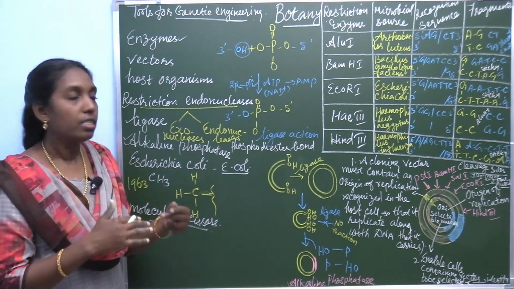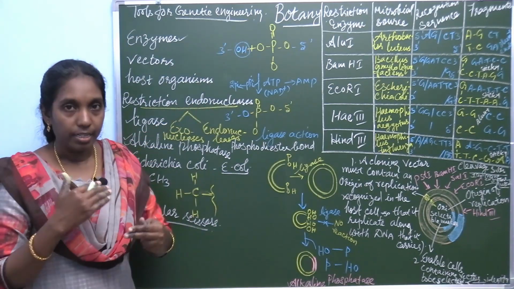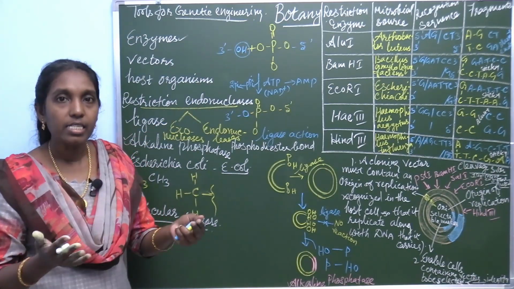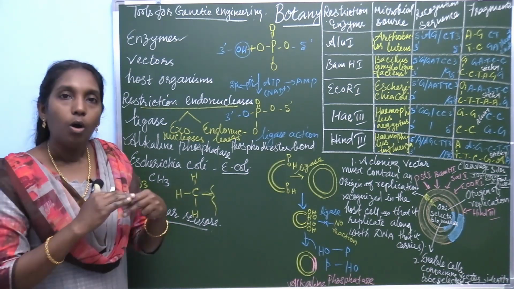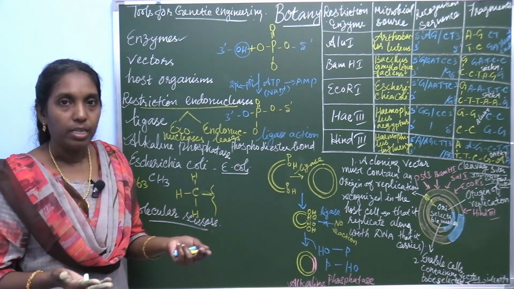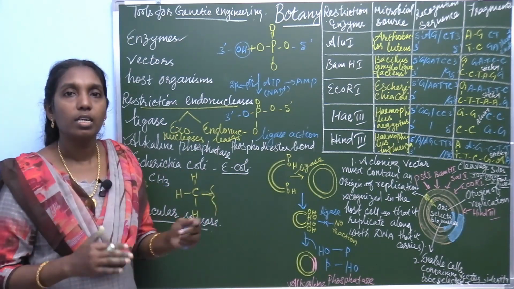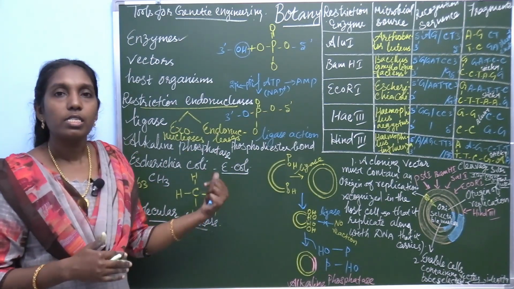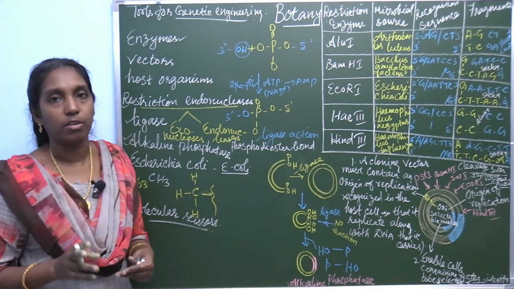But with all these enzymes in genetic engineering technology, there is manipulation of DNA sequences. All the DNA sequences can be altered or manipulated by the use of these enzymes. So, restriction endonucleases play a very important role in cutting the DNA sequence.